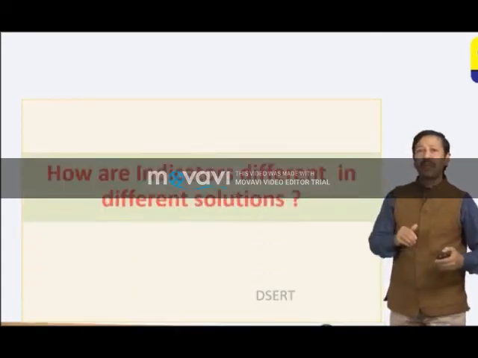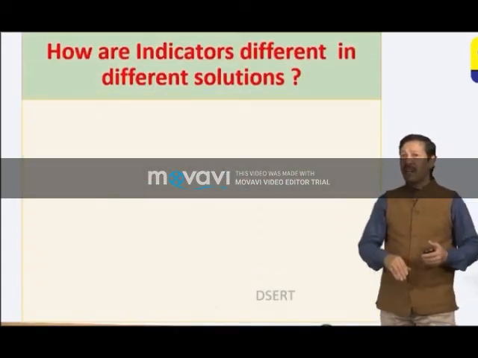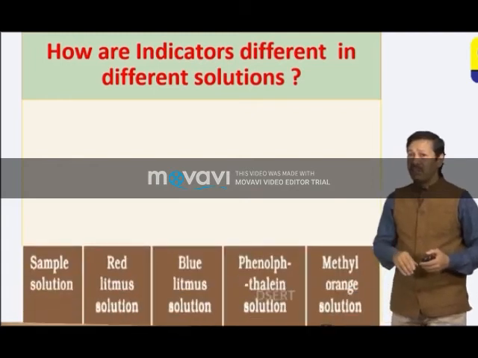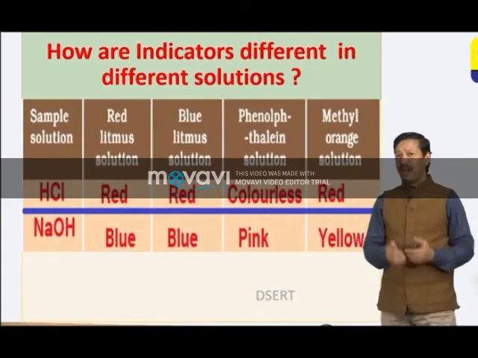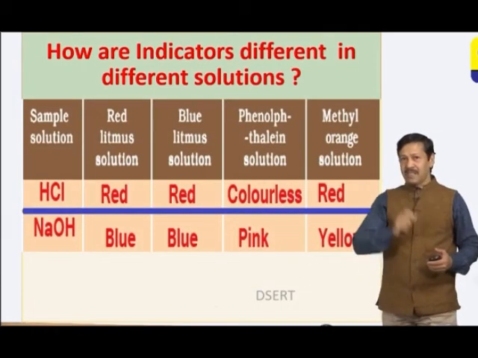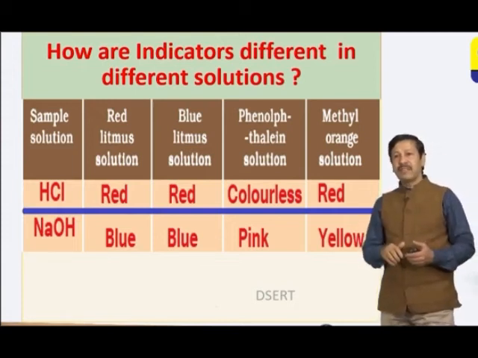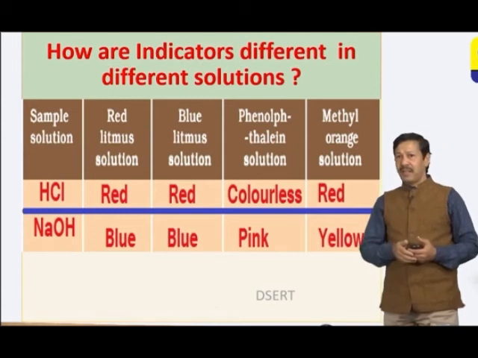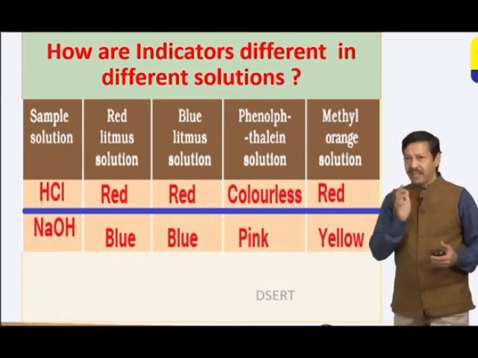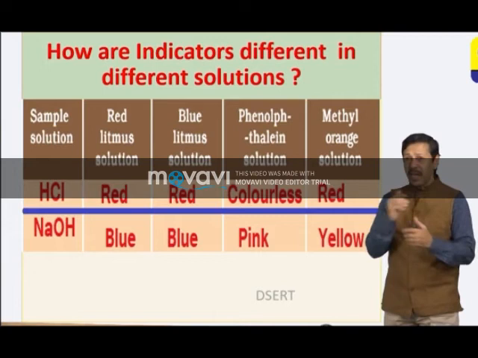Now let us move on to the next slide, that is, how the indicators differ in different solutions. Here is a chart. If you take sample solutions, let us say acid HCl and base NaOH, let us see how 4 kinds of indicators behave.